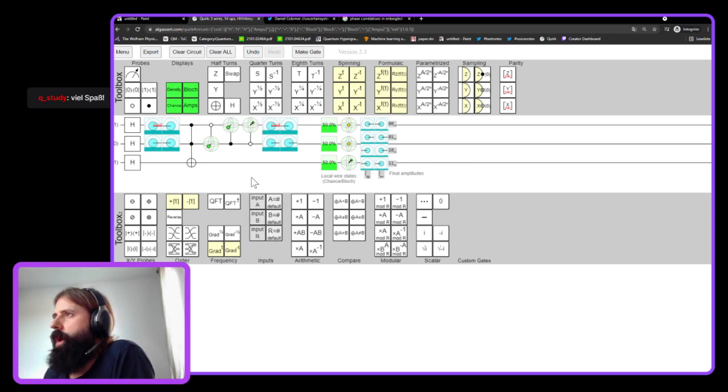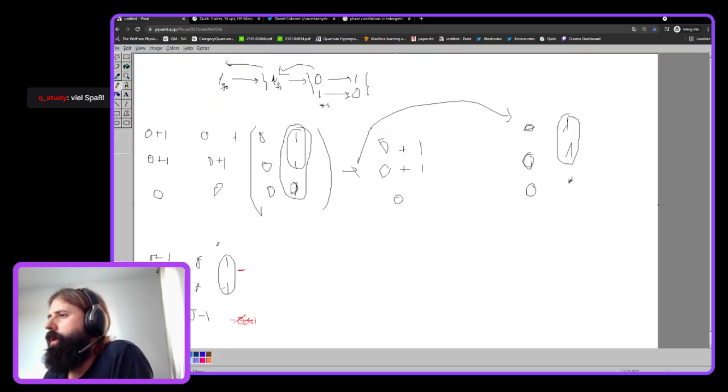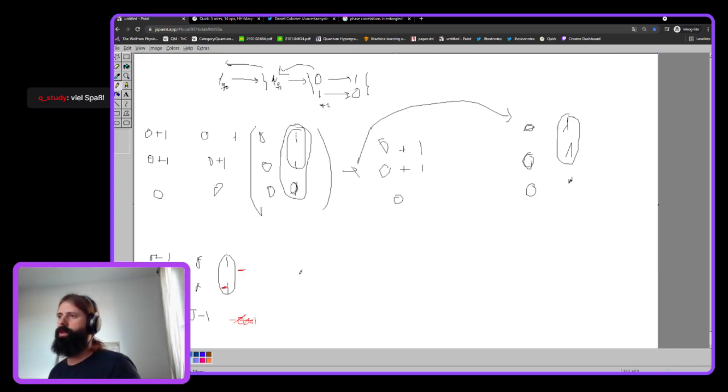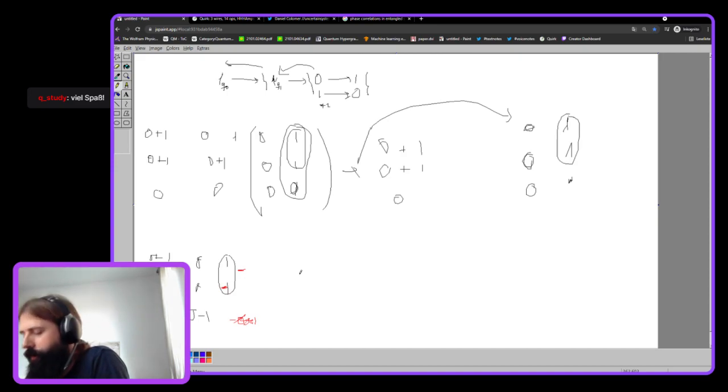So what we have now is that after this CCX gate, if we know that it's a 0, then this is a plus. Why? Because these minuses cancel. Right? Yeah. So indeed, okay. So yeah, that is what it is.